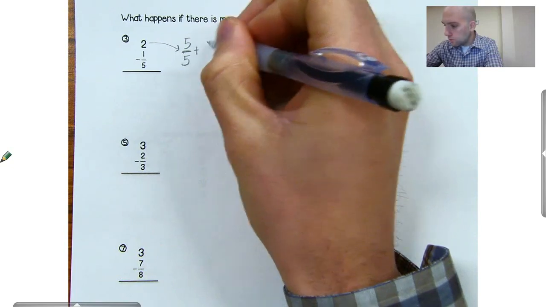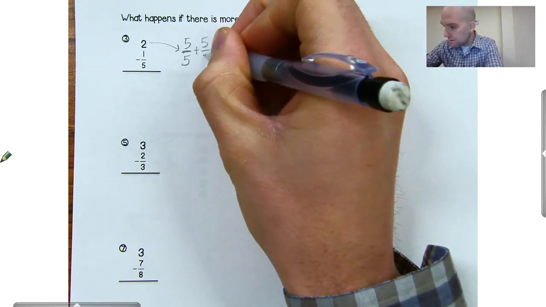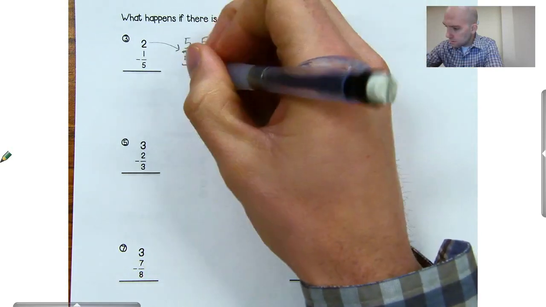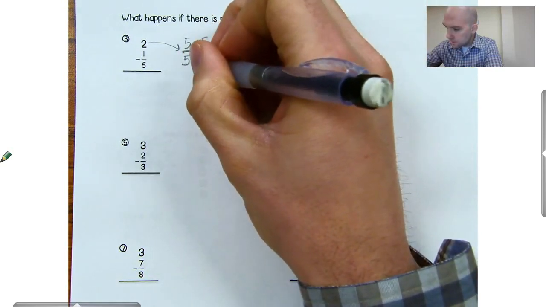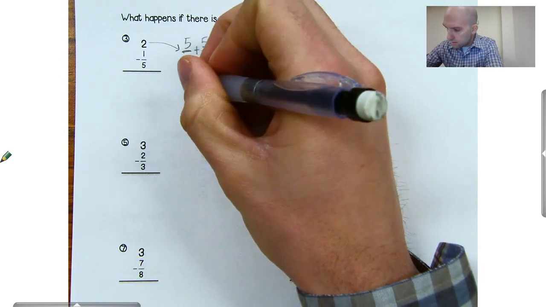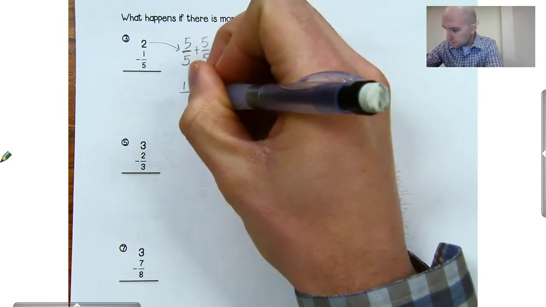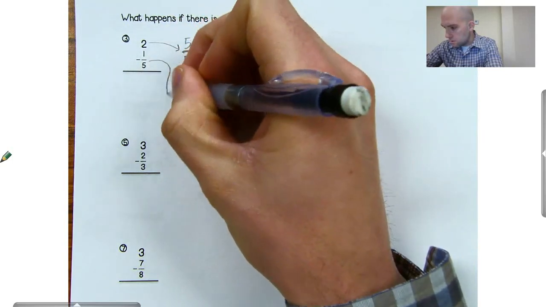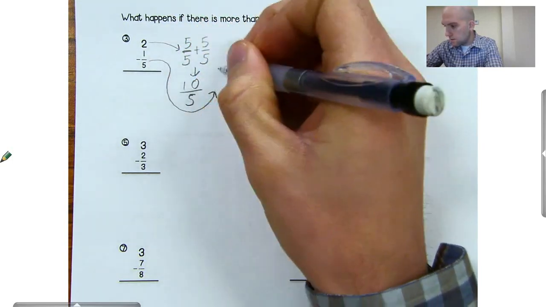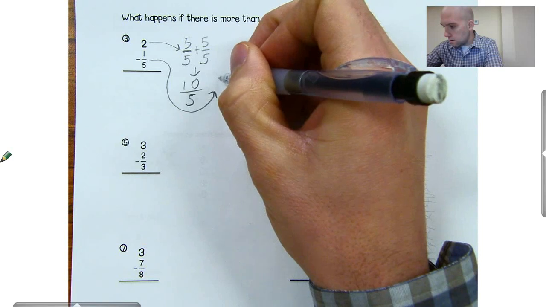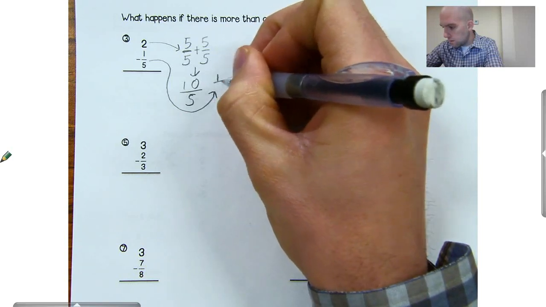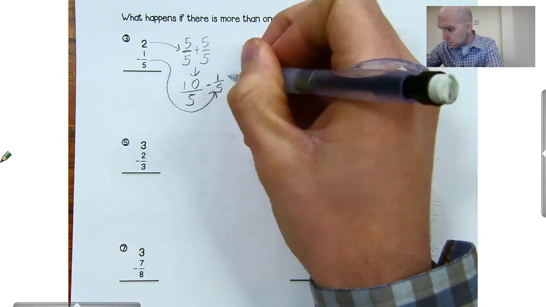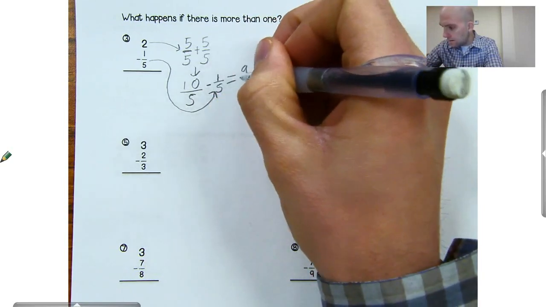But we have 2 wholes, so we have 5/5 plus 5/5, and that's going to give us 10/5. And then I'm going to take our 1/5 over here. We'll end up with 9/5.